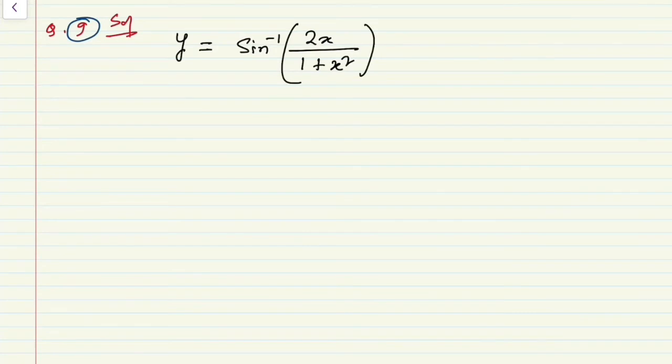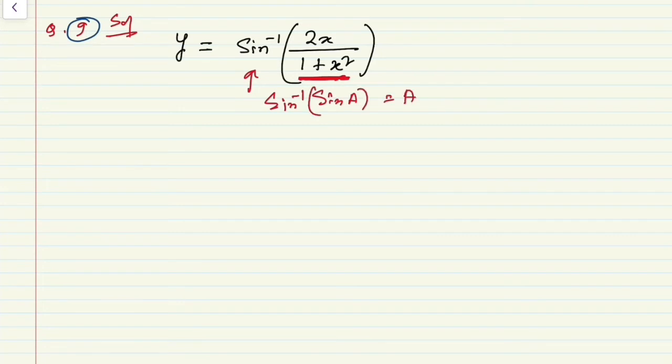Here you see, in this case, as we have sine inverse here, before finding a derivative, we have to simplify this expression by substituting a trigonometric ratio such that we get sine of any angle, theta or something, so that sine inverse of sine a becomes a.